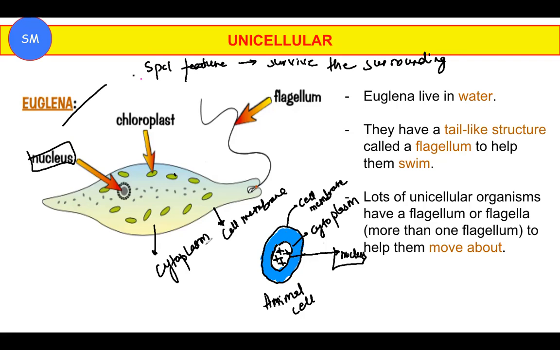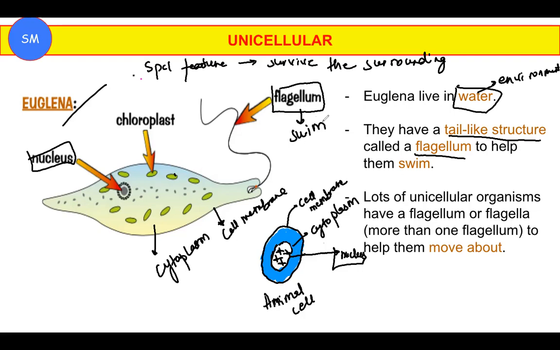We will first see its environment. Euglena lives in water, so water is the environment in which it needs to live. And to live in water, what has it developed? It has developed a tail-like structure, which is known as flagellum. This tail-like structure, the flagellum, helps it to swim in water.